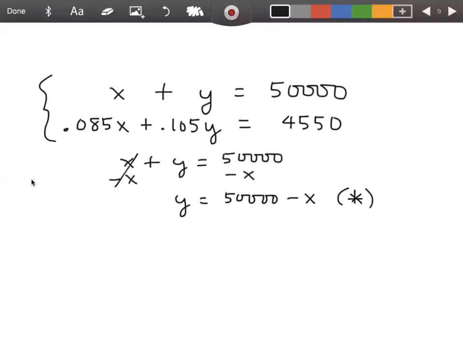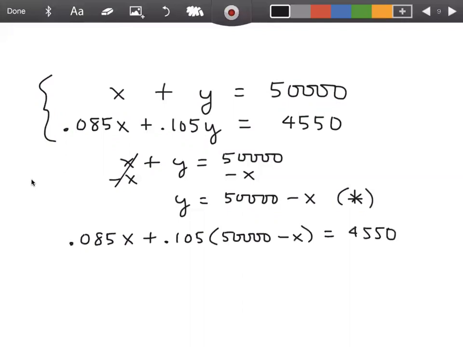And now I'm going to substitute that into the second equation, 0.085X plus 0.105. It used to say Y, and now it's going to say 50,000 minus X. That's equal to 4,550. So now we'll distribute the 0.105.